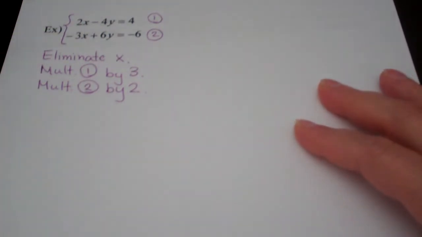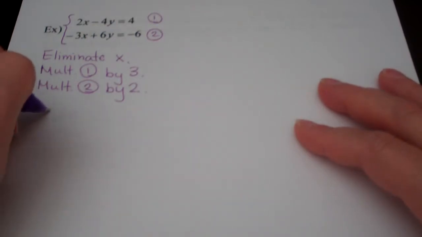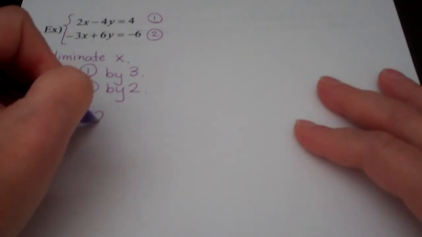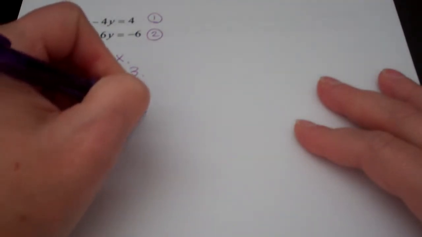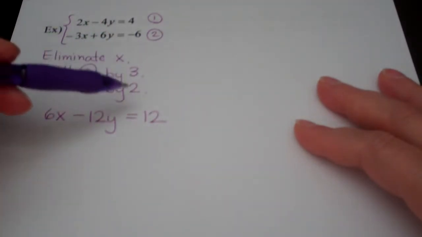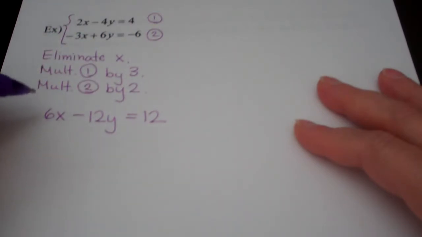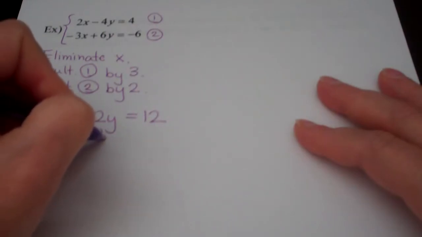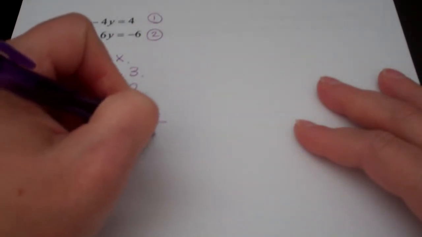Okay, and keep in mind I need to multiply the whole equation. So equation number 1 becomes 6x minus 12y equals 12. And if I multiply equation number 2, I'll have negative 6x plus 12y equals negative 12.